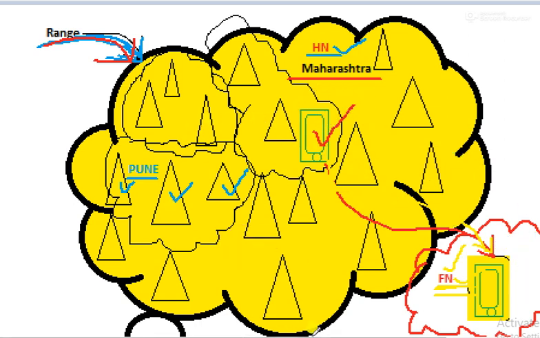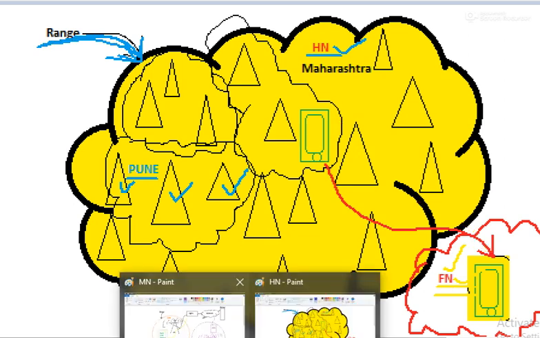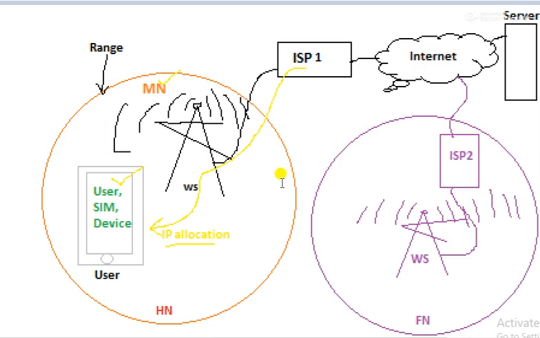Let's come to our original diagram. This home network is a part of ISP1, and this foreign network is a different network, which is ISP2's network. Obviously ISP1 and ISP2 will be connected through the internet.